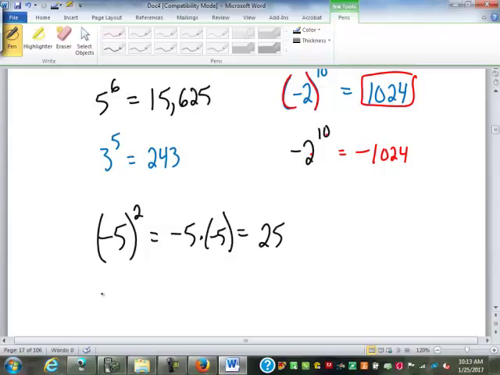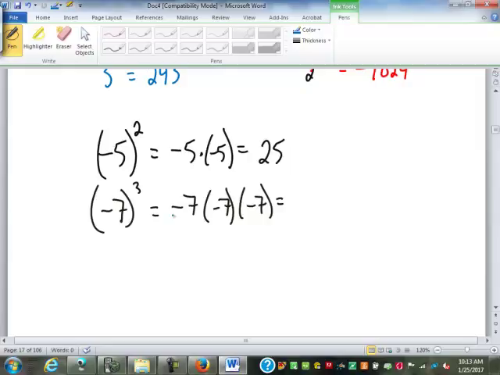Now, let's change that up. Let's do negative 7 to the power of 3, that's negative 7 times negative 7 times negative 7. I can only multiply two numbers at a time, so let's just work our way through.